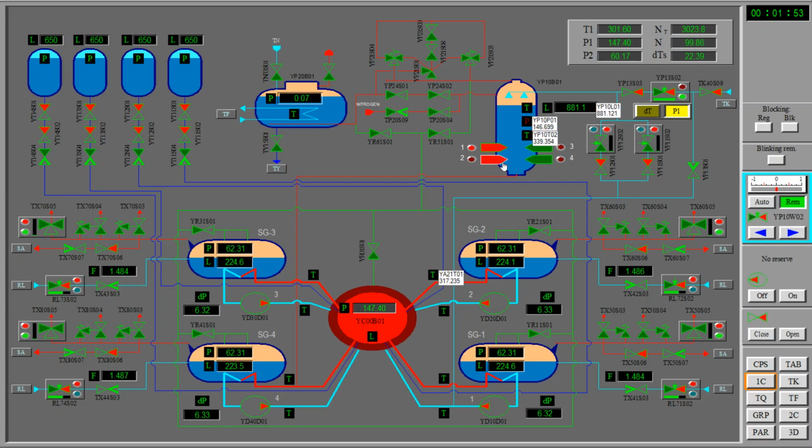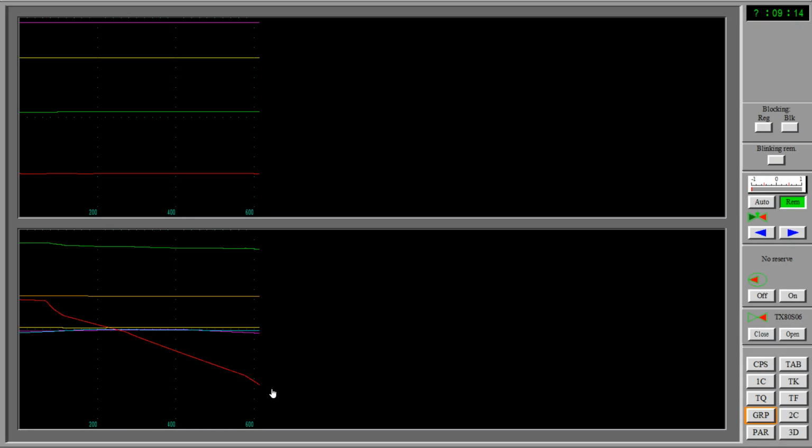Just leave one like in normal operation. Why the number 2 doesn't want to disconnect? Okay, now I just disconnected all the heaters in the pressurizer. Let's see the plot. And yes, we got a faster decrease of pressure. That's good.